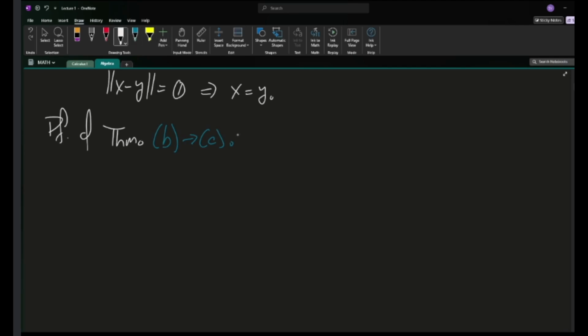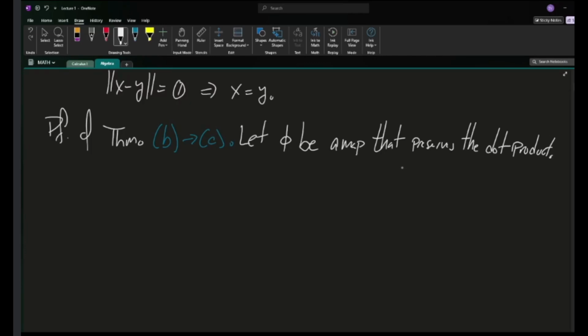It allows us to have some defining variables that we can use later in the future. So let phi be a map as given that preserves the dot product. We want to show phi is a linear operator.